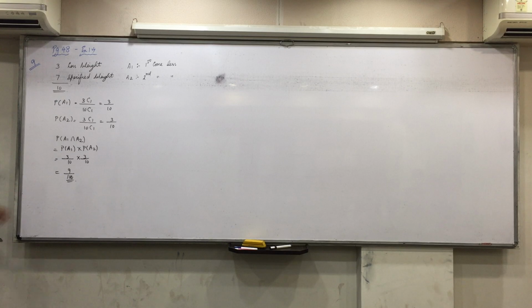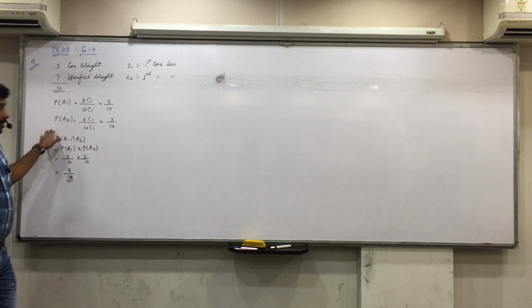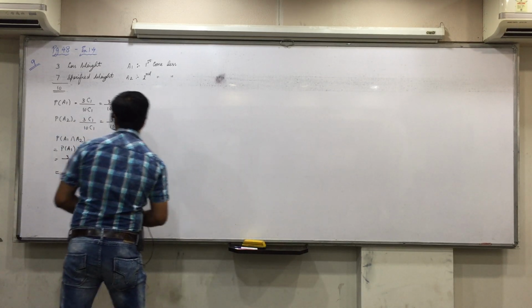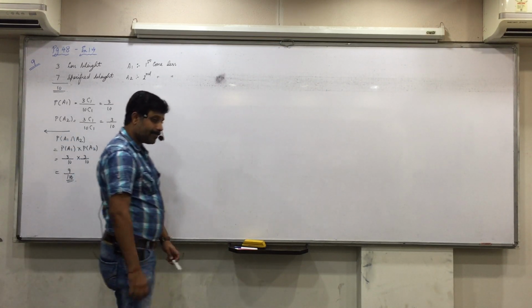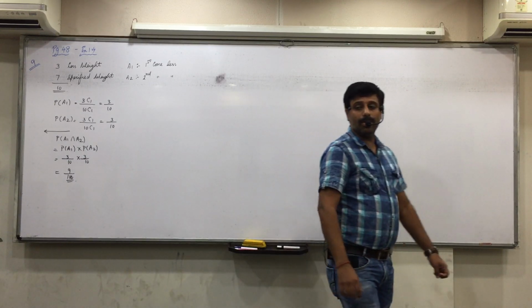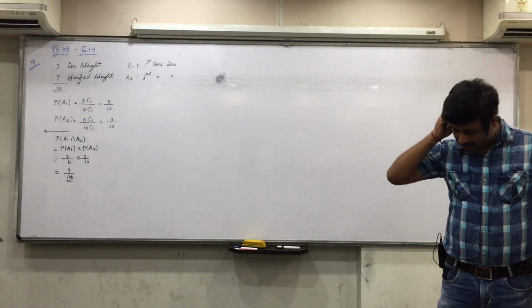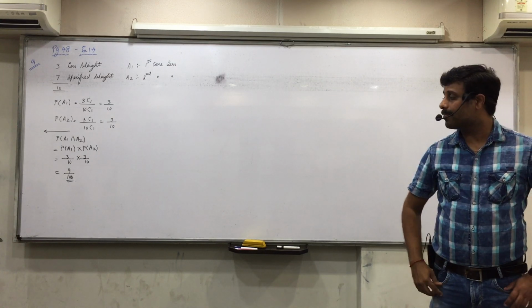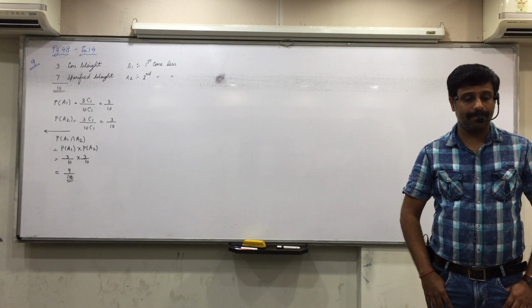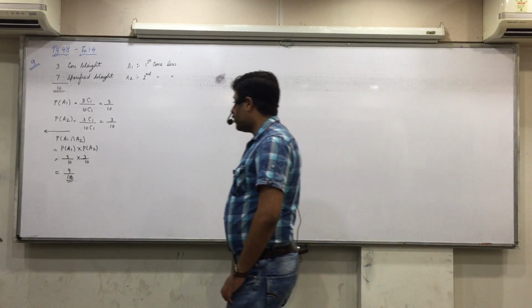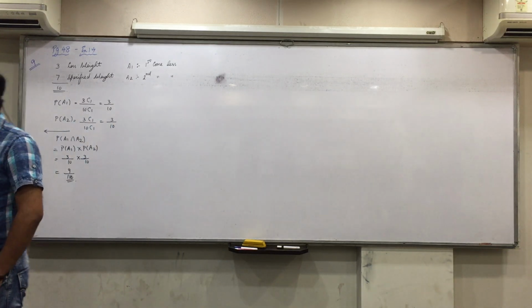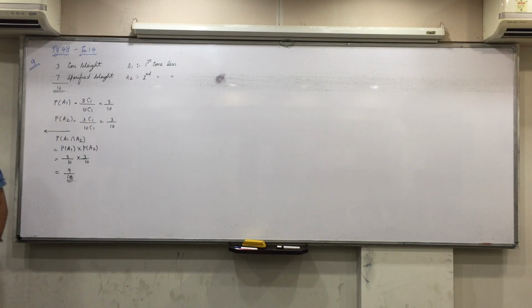Now below that write down the statement. Thus, the probability that both the cones have less than specified weight is equal to, now show this, P of A1 intersection A2.